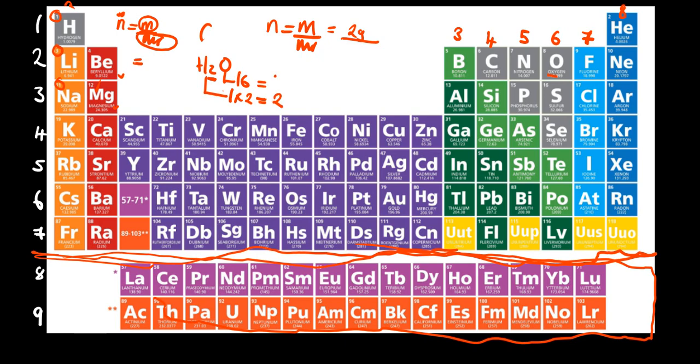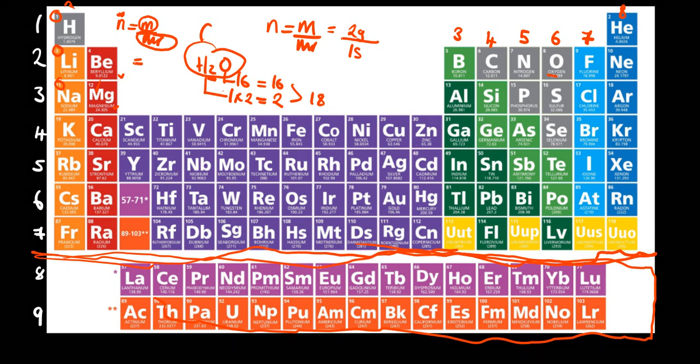You bring this as the molar mass, the total molar mass of the compound you were given. You put 18 there and divide, and you'll find the number of moles, let's say 0.62 moles. That's how we'll use these numbers with a point, the molar mass.